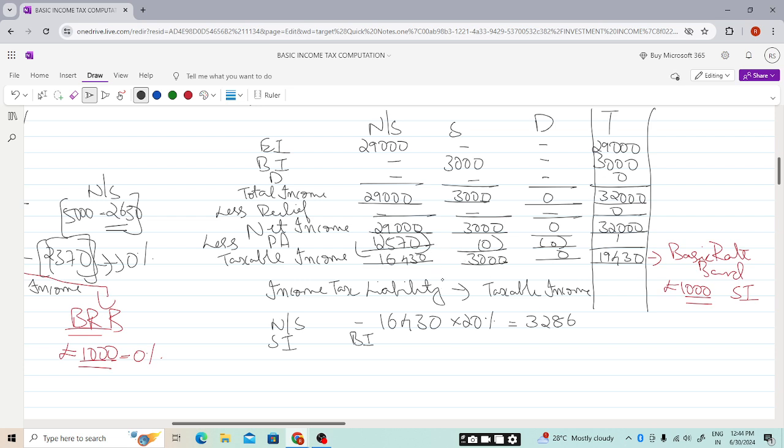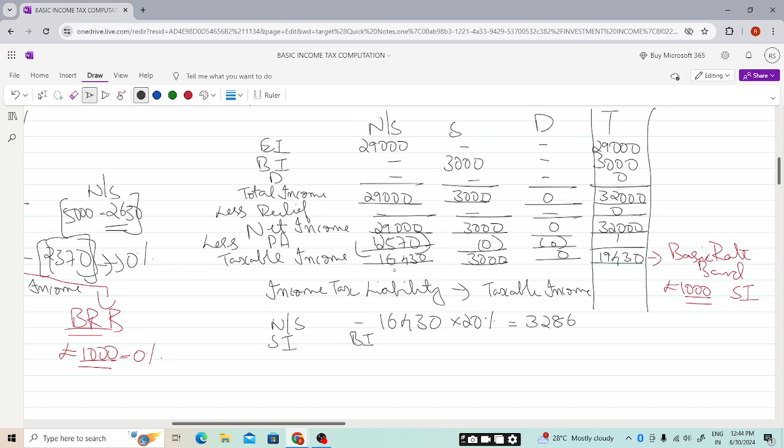Here please do see whether the 5,000 pound rule is available or not. The saving income must be within the first 5,000 of the taxable income, but our total taxable income is 19,430, of which non-saving alone is more than 5,000 pounds.